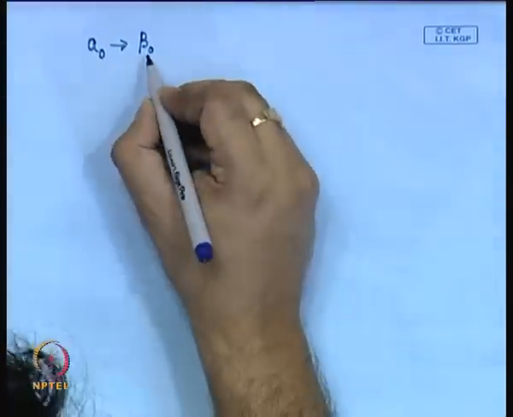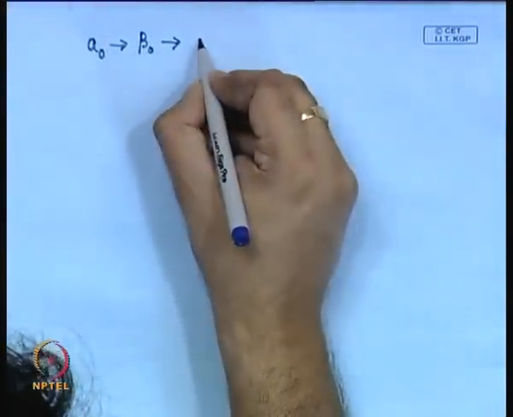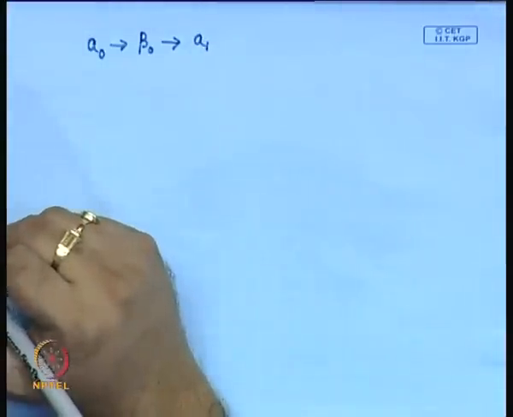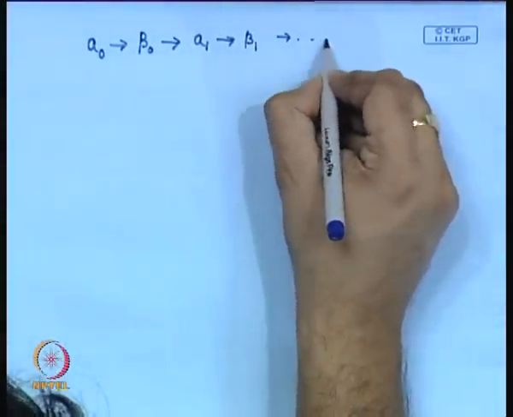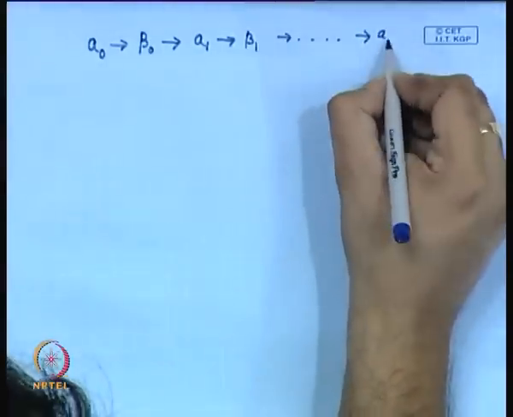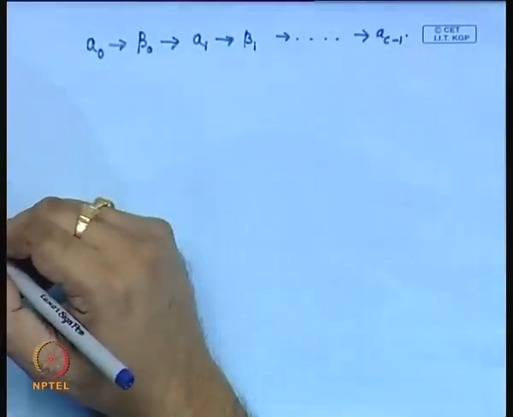Now, using this beta 0 and A0 we obtain the value of A1. From A1 we again obtain the value of beta 1. We gradually continue this until we obtain A of C minus 1, and we stop there.